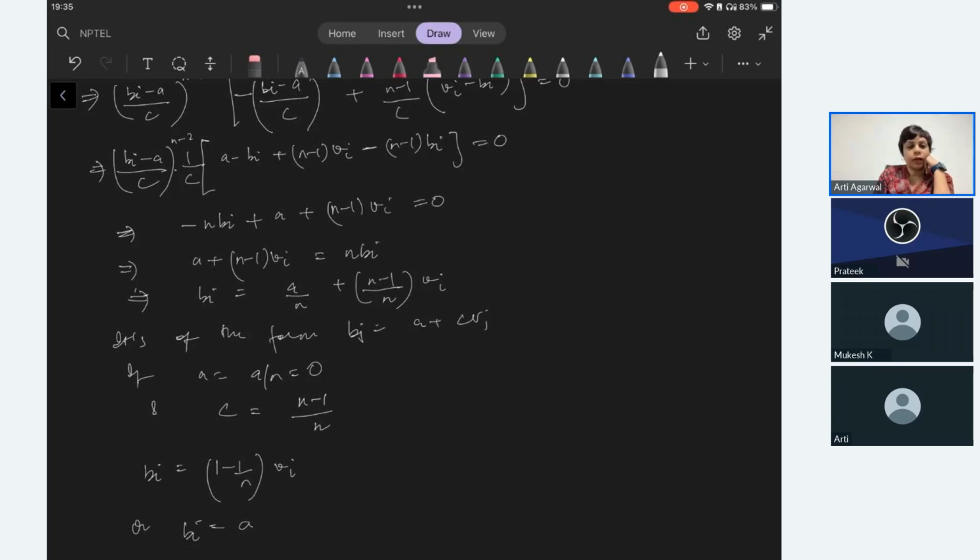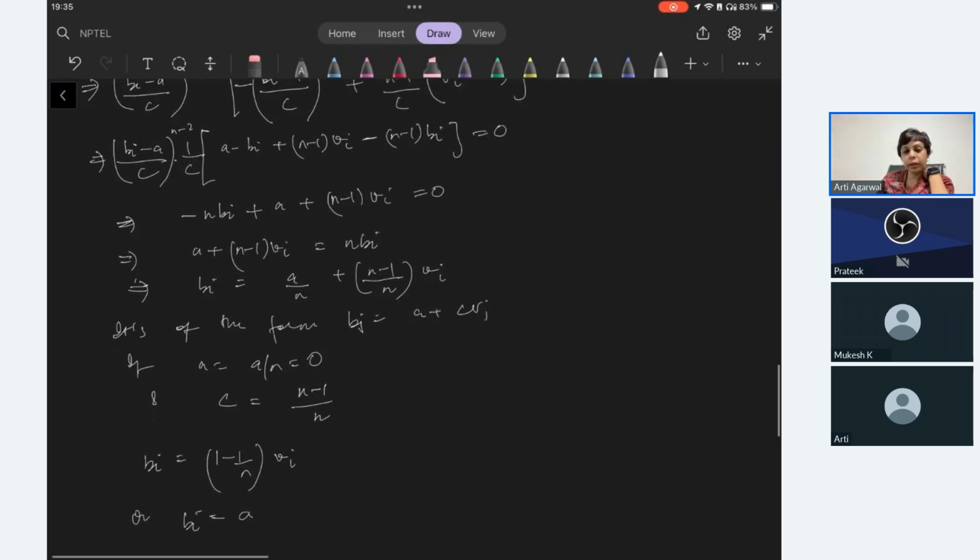Then you get this response, Bi is equal to A. And that is also a feasible response, and that means that in this expression Bj equals A plus C Vj, C is equal to 0, and hence we are back to the same thing: all the n players are going to bid the same constant value A, irrespective of everybody's valuation.